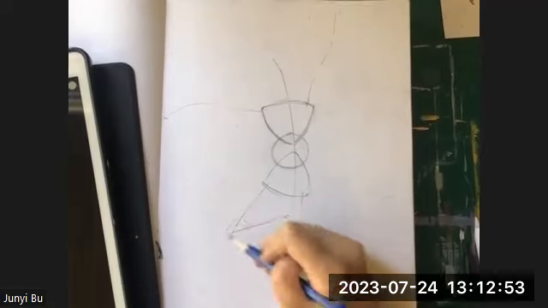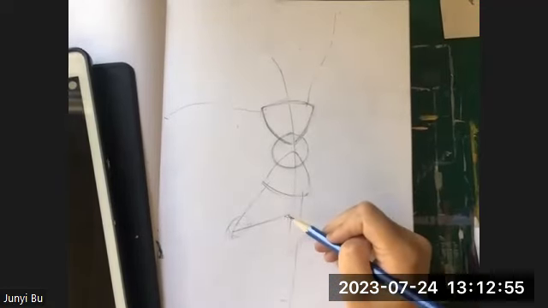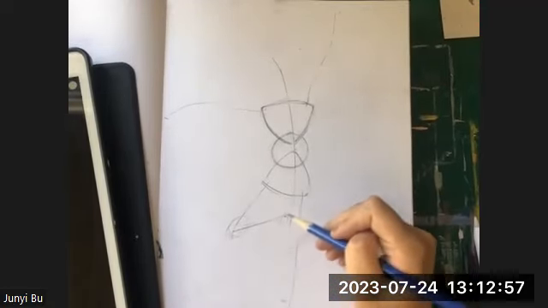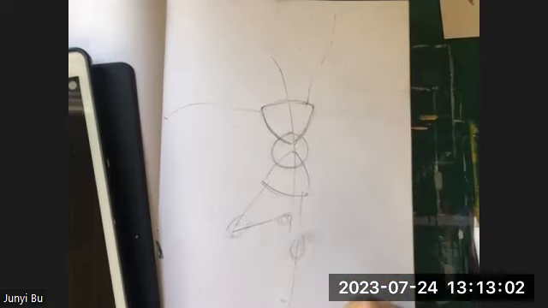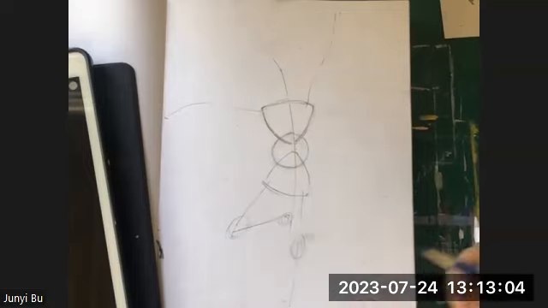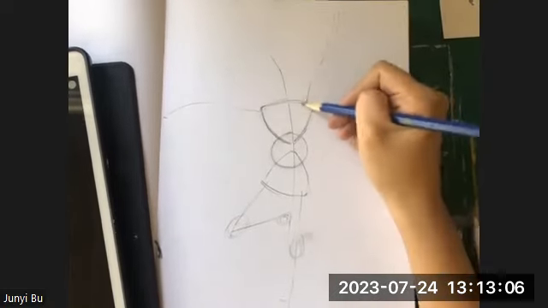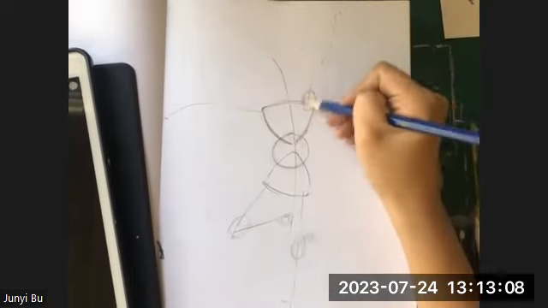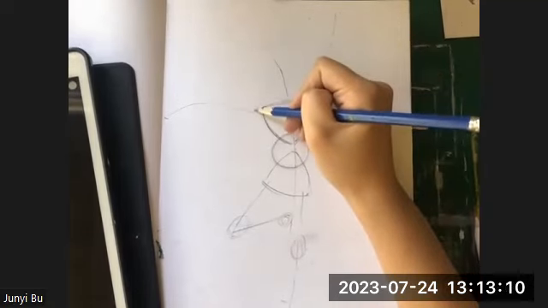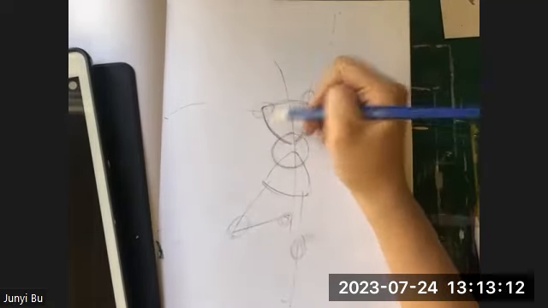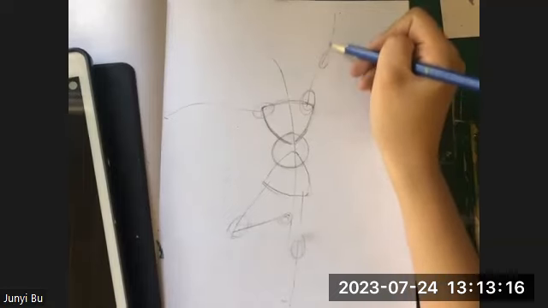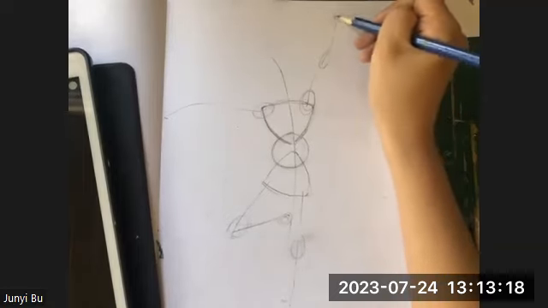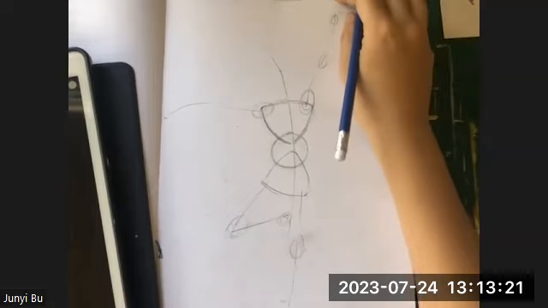So my knee joint, ankle, knee, ankle, here my shoulder, elbow, hand. I wonder if you can see.